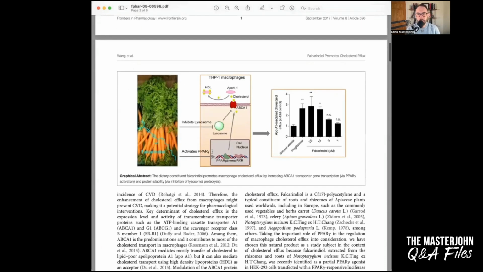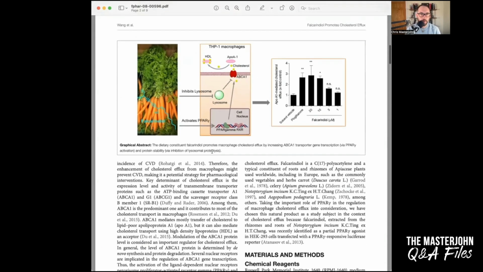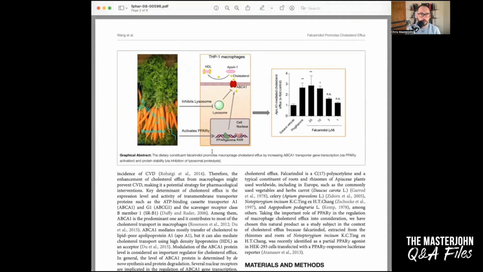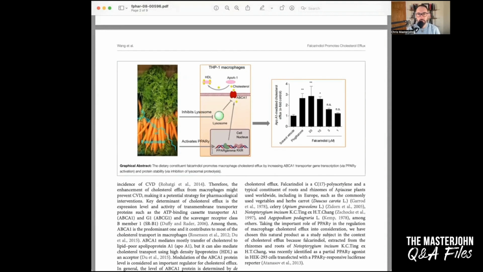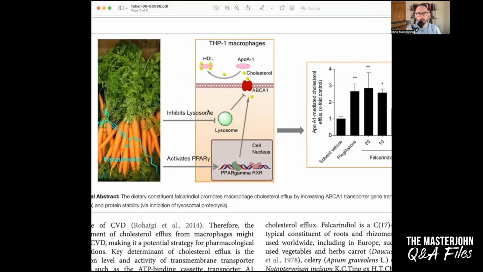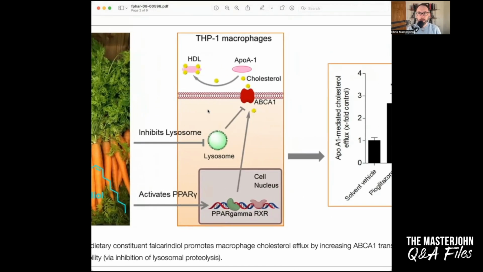All right, so this paper is just totally focused on a very narrow mechanism. So they took this compound in carrots. This is the graphical abstract, which summarizes what they did. And what they basically found is, we were talking a minute ago about macrophages taking up the lipoproteins.